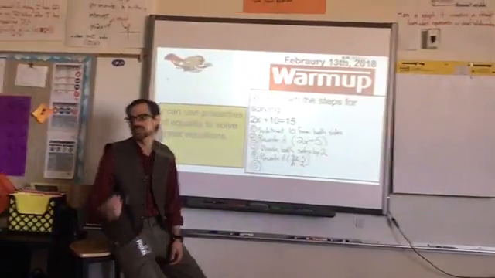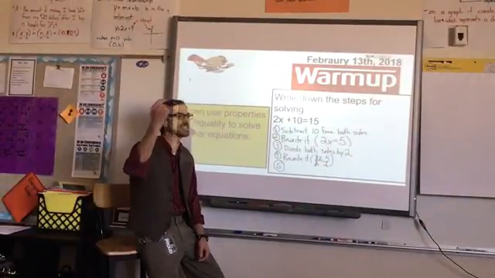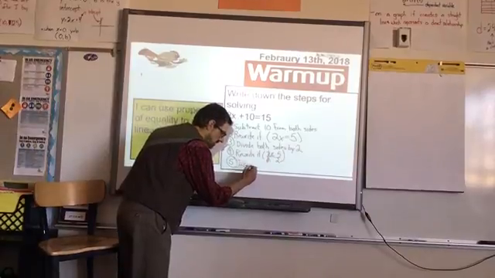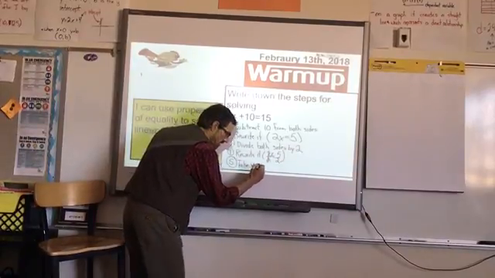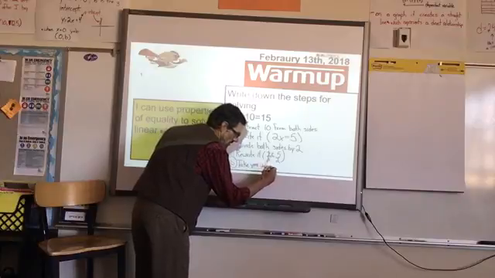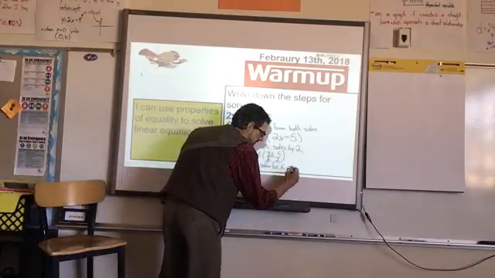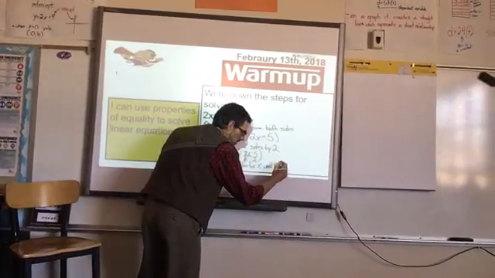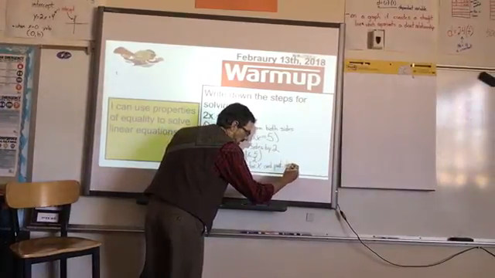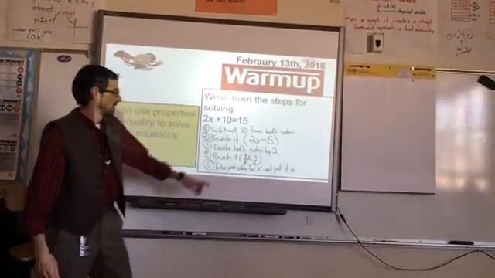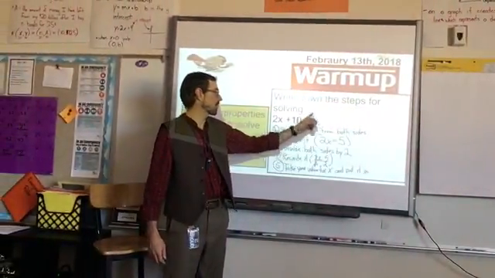Step 5 is to take x and put it back in and check. So take your value for x and put it in. So the 5 halves, I put it up here.